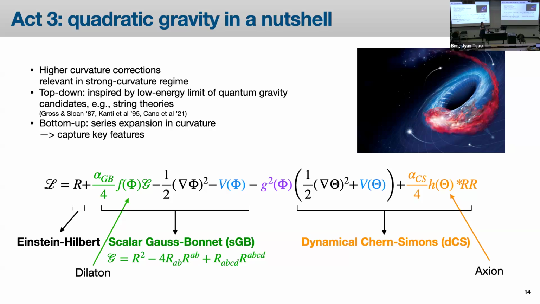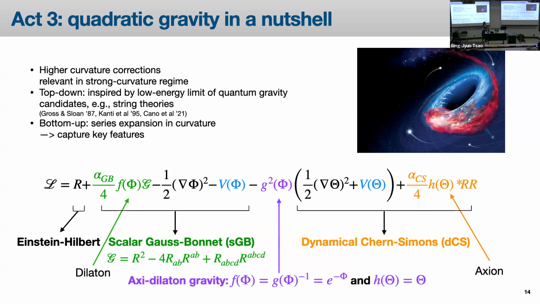Now, if you follow this argument from string theory and you do this compactification, long derivation, you actually end up with both of these types of terms, and they can be coupled to each other. So our purple here is a coupling function between the scalar or dilaton phi and the pseudoscalar or axion zeta.